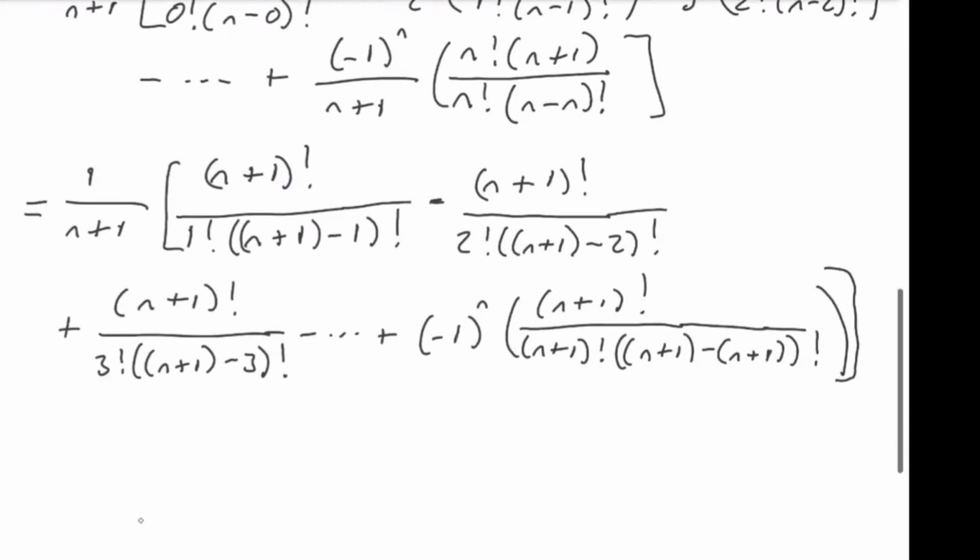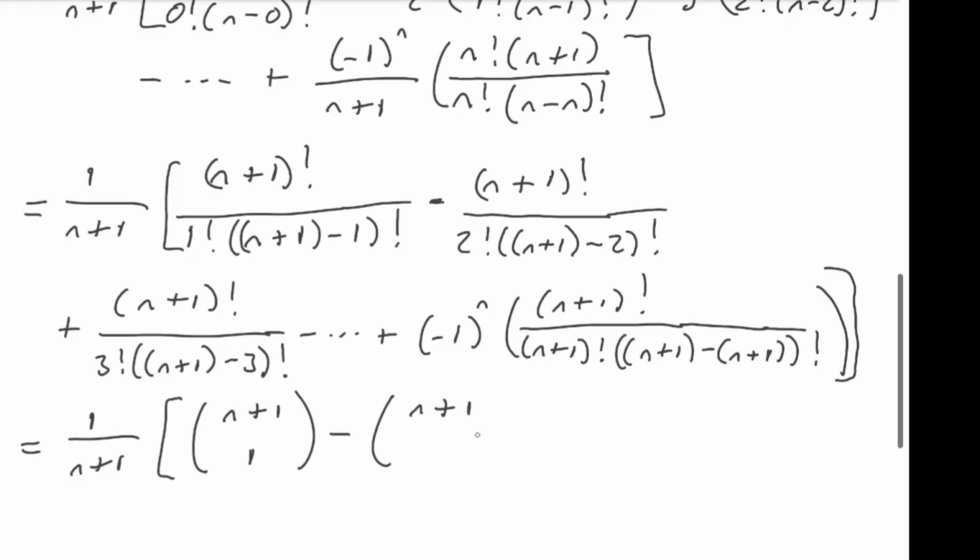And now, this is equal to 1 over n+1 times, this is n+1 choose 1. This is n+1 choose 2. This is n+1 choose 3.